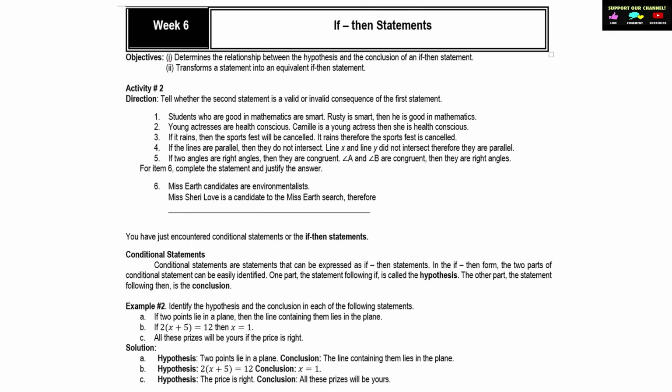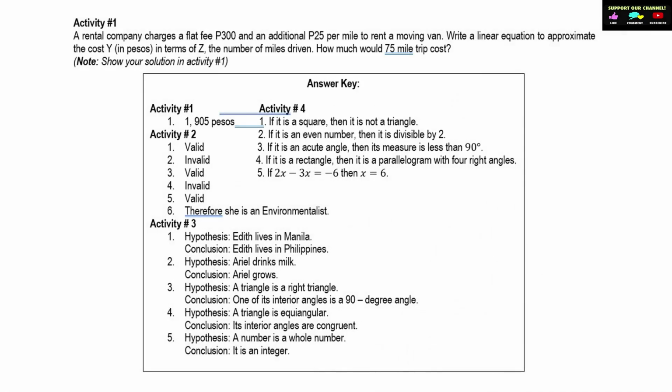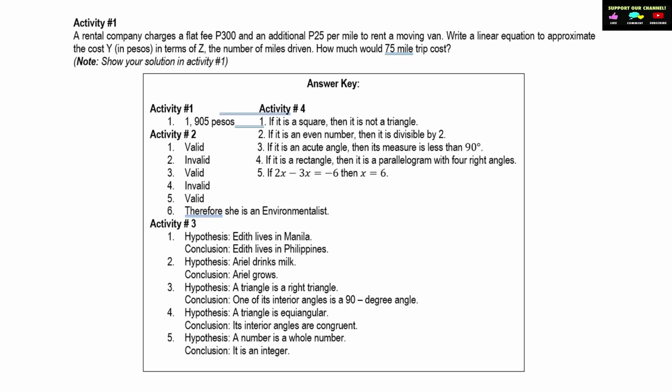So angle A and angle B are congruent, then they are right angles. So that is number 5, so that is valid. Then number 6, Miss Earth candidates are environmentalists. Miss Sherlove is a candidate to the Miss Earth search. Therefore, she is an environmentalist.